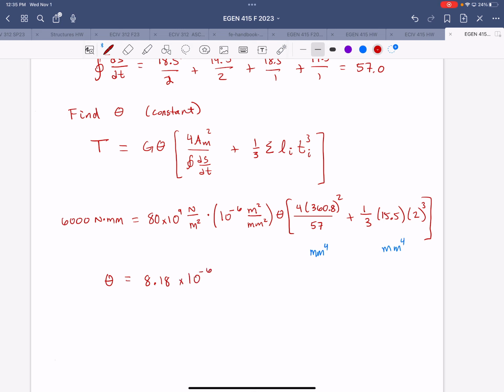And remember, theta is a rate of twist. So the units that are appropriate would be radians per millimeter. And the length in the denominator represents the length along the longitudinal axis, right? It's a rate of twist along the longitudinal axis about which twisting is occurring.